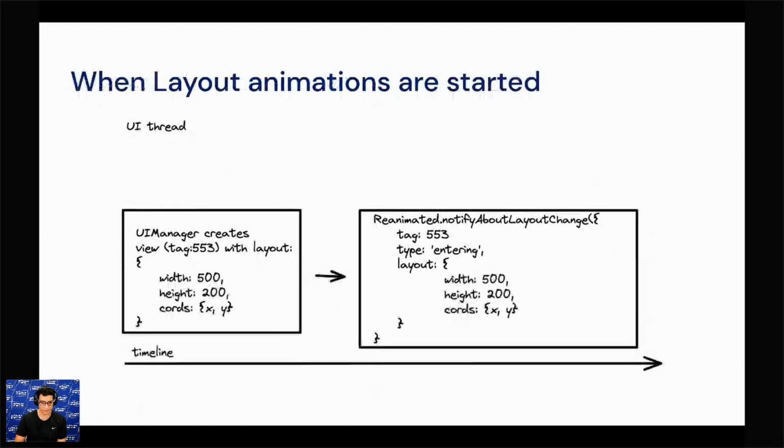Yeah, the next important thing is how the animations are triggered. So basically, when UI manager sets the layout for the views or creates a new one with a new layout, then we are intercepting that new layout, and we are notifying Reanimated by calling notify about layout change method and providing a tag of the component that will be changed in a moment, and the type of that layout transition, if it's entering, exiting, or a layout, and we are providing that layout, and that's why you will later get those values in a worklet.